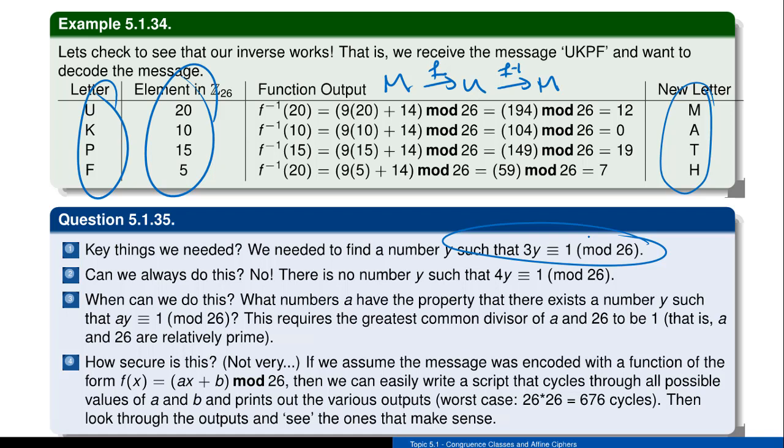So there's no way that I'm going to hit all of the numbers in Z26, because I'm only going to be picking up the even ones. There's no way that I'm going to send something to a 15, because I'm multiplying it by that 2 always. So there's a problem when I start to have some of these little weights out in front of those things.